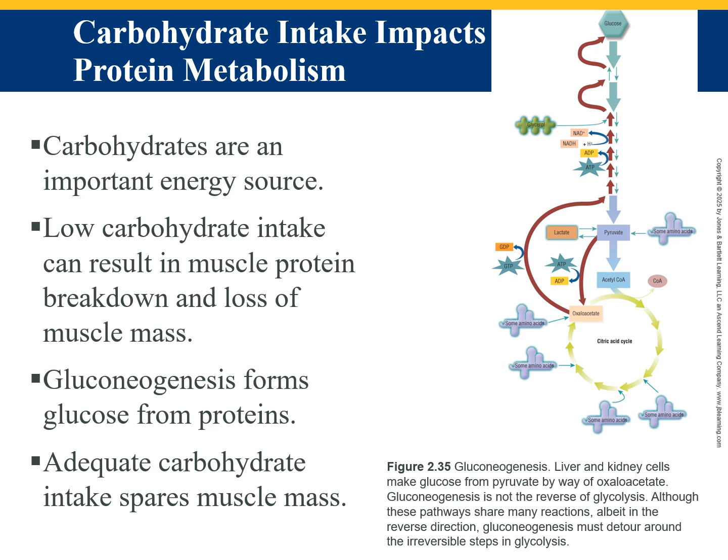And that is partially because part of the components within the citric acid cycle can be formed by protein components. And so we rely on some of the protein to be converted into glucose to be utilized for energy. So actually, carbohydrates are very, very important for sparing muscle mass.